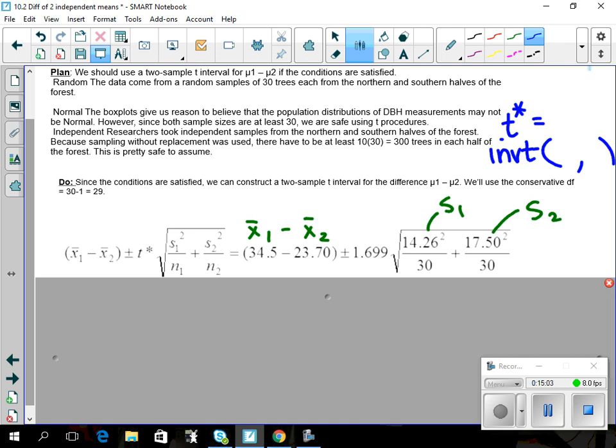And then what degrees of freedom did we say we were going to use? So plug that into your calculator for me. Just double check that I was right, that it is 1.699. I'm just going to look over your shoulder. Did you get 1.699? Okay. Good. So that should be 1.699.